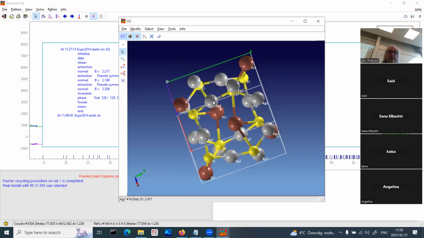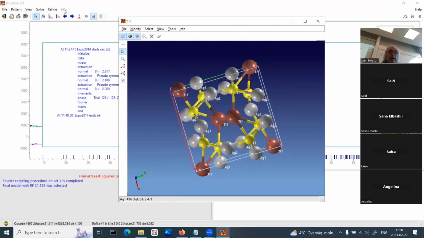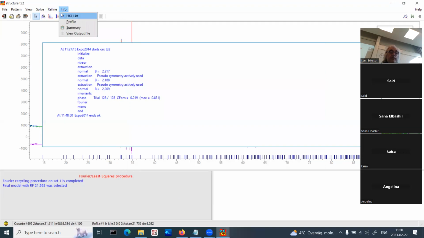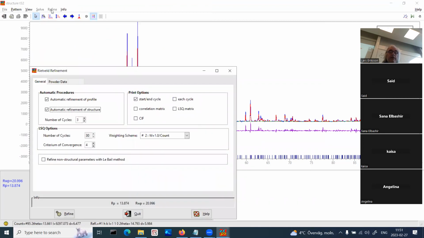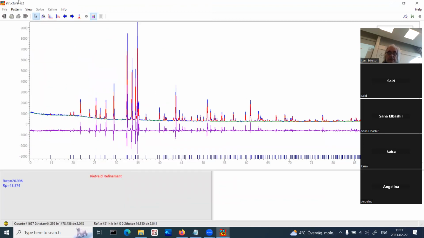If this is the correct structure or not, we can try to make a simple Rietveld in Expo, and let's go for automatic. It was up here, refine. No, how do I get back?